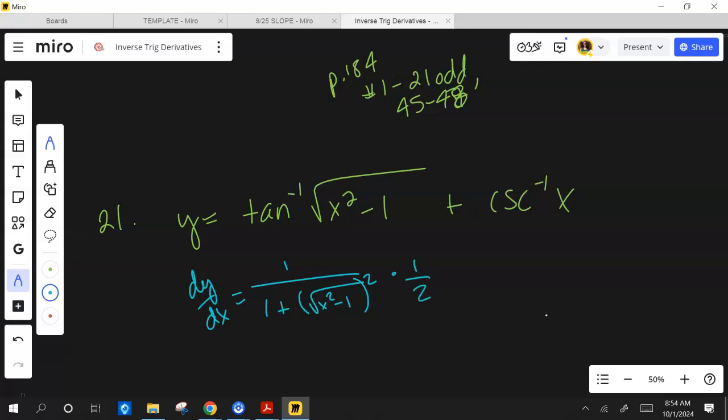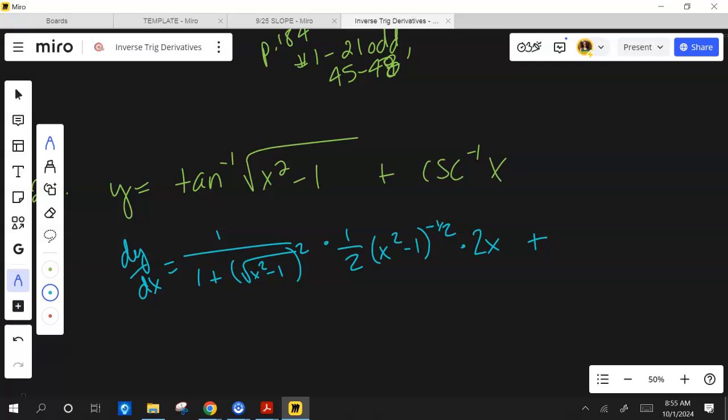Be very careful with the chain of this, because this is actually a double chain. Thanks, Sullivan.